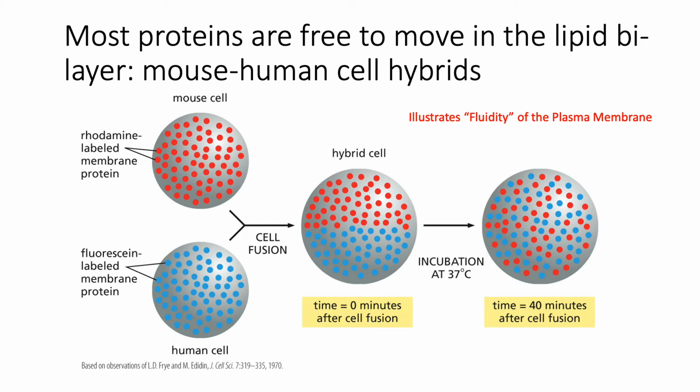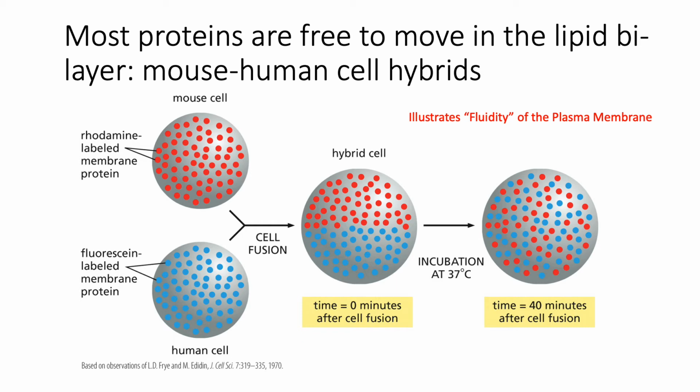Now this is an experiment using cells. In fact, you can take cells, and with certain compounds you can get the cell membranes to fuse. And when you get those cell membranes to fuse, they're called cell hybrids. And in this case, they're using a mouse-human cell hybrid. So the mouse cells have proteins on the cell surface.